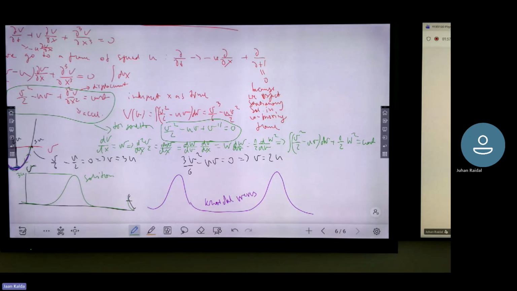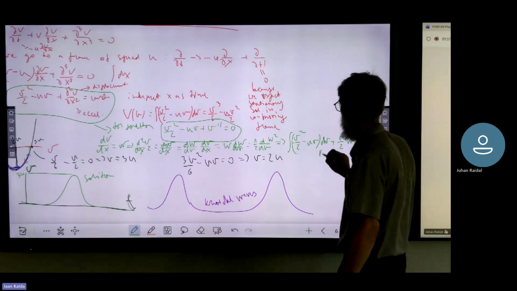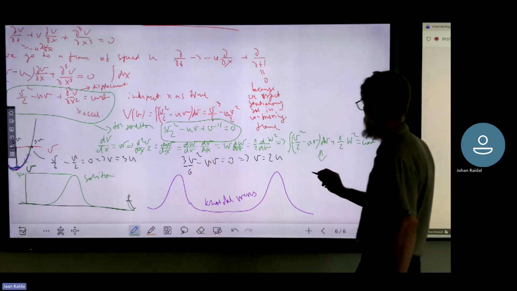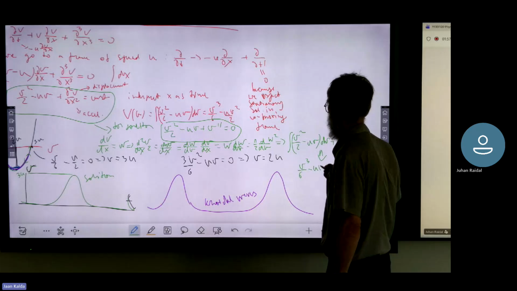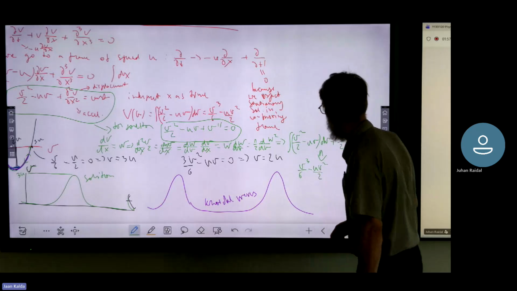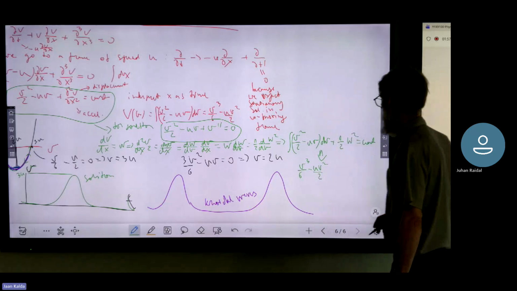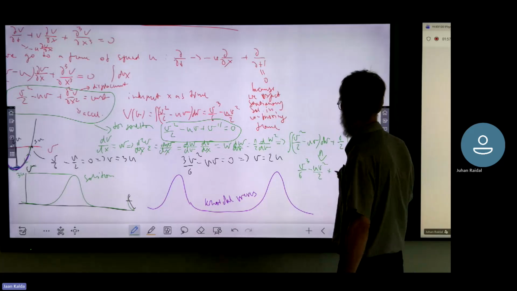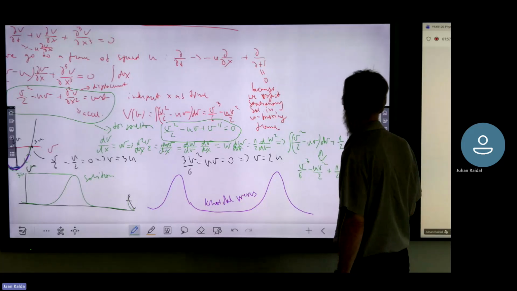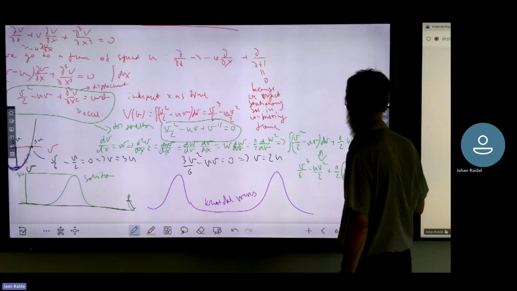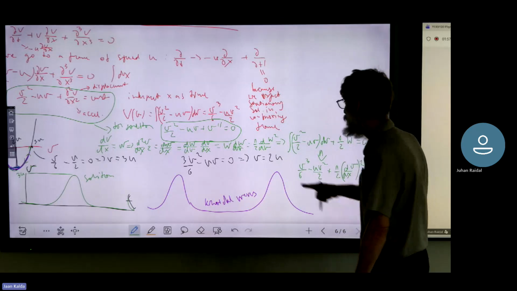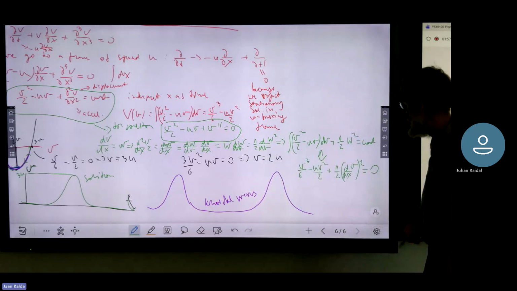And then we obtain from here, if we take the integral, v cubed over 6 minus uv squared over 2, the same familiar potential already, plus 1/2 dv over dx, the speed squared, equals, and in our case, for a soliton it is 0, right?